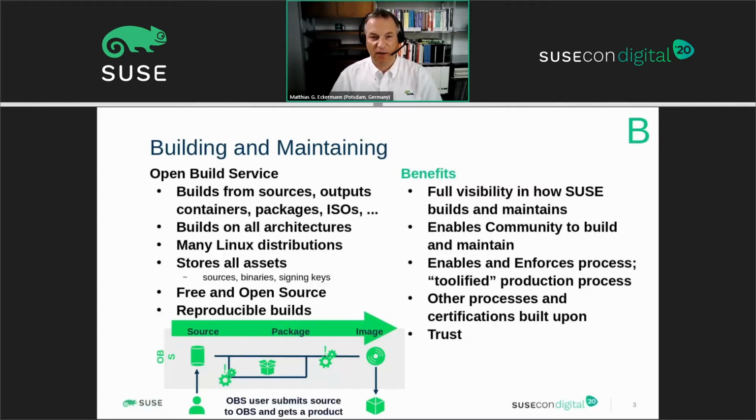Not only does this give you and everybody else full visibility into how SUSE builds and also maintains our software, not only does this enable the community of OpenSUSE and other communities to build and maintain their distributions, but it also enables and enforces process. We could say a little bit that the Open Build Service is a toolified production process because it has all the tracing, the tracking, it also has submission rules and submission processes built in.